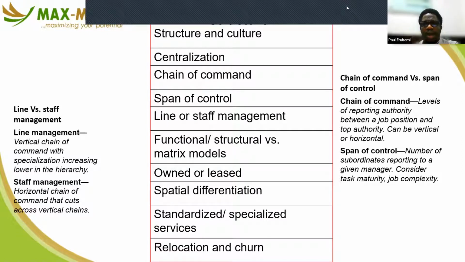The organization also has a culture. Now, a culture is a way of life, a way of doing things. It describes the atmosphere around us, how we are. Culture usually evolves out of two things.